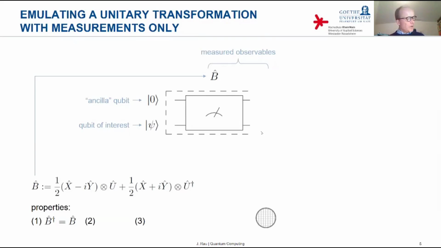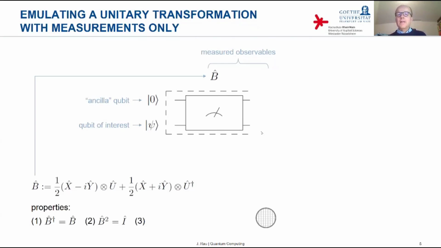Now this particular observable has two further properties that will be useful for the analysis of our circuit. The second property is that the square of this observable B equals the unit operator.